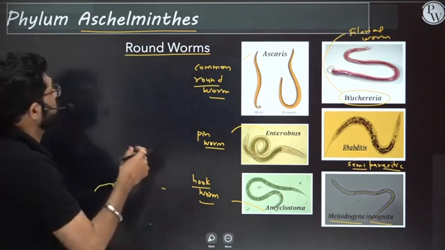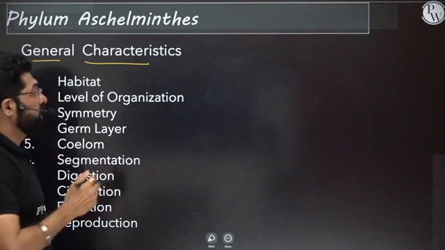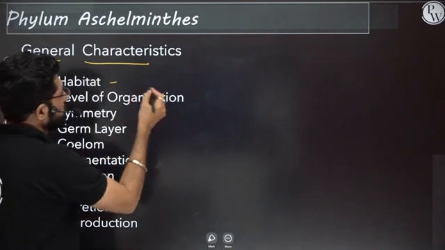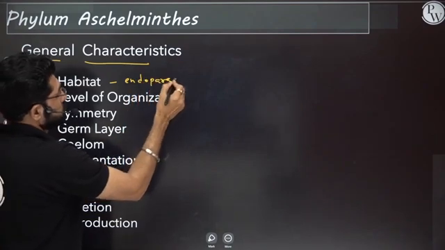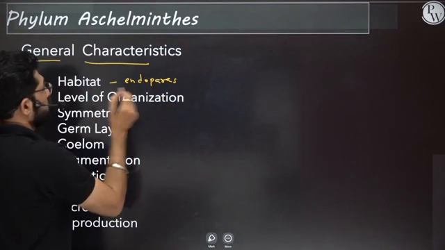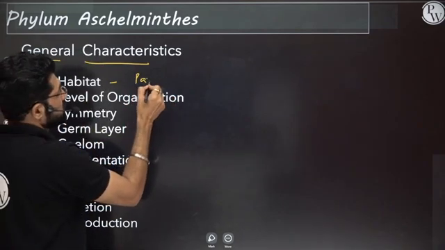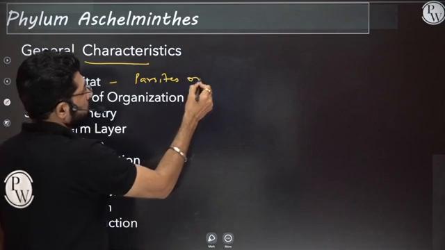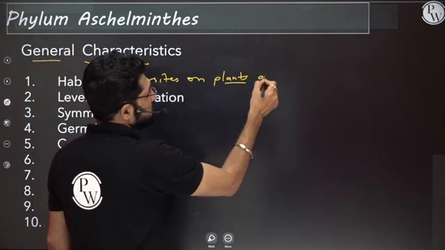Okay, so let's talk about the further general characters of Aschelminthes. The habitat, again, they are mostly what? Endoparasites. So you can say parasites better, not endoparasites only. They are sometimes outside also. Parasites not only on plants, they are also on animals.